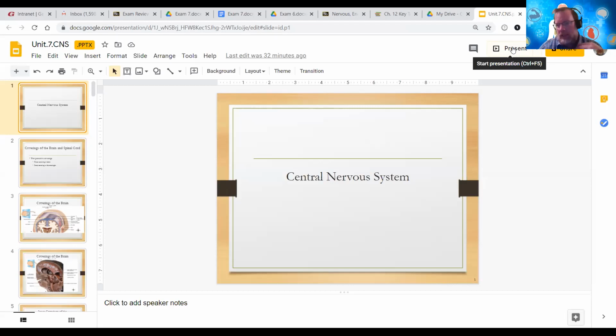And then we're going to transition into part two, or Unit 7B, whatever you want to call it, where we're going to look at the peripheral nervous system. In essence, we're going to look at nerves. And then we're going to look at a little bit of the physiology, not a lot, of the divisions of the peripheral nervous system.